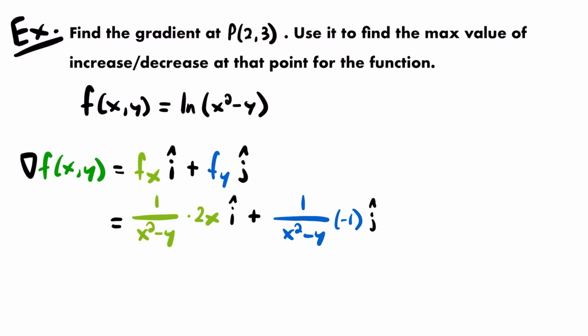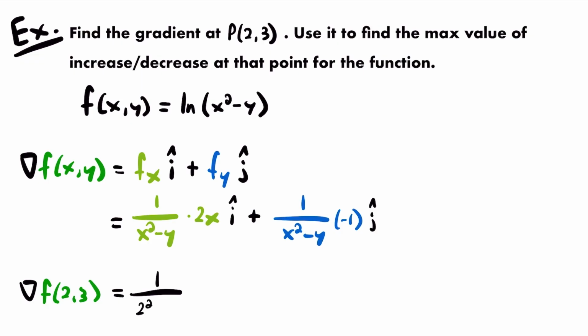Okay, so that would be the general gradient vector in terms of x and y, but remember we do want to find the specific gradient at the point (2, 3). So what I'll do is plug 2 and 3 in for x and y in the gradient and then simplify all at the same time. Okay, so here's what we'll get. We'll have the gradient vector evaluated at (2, 3), and that will be equal to 1 divided by x squared.